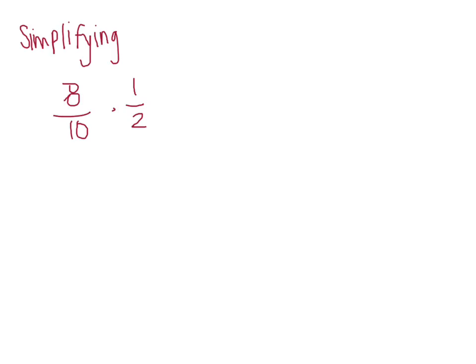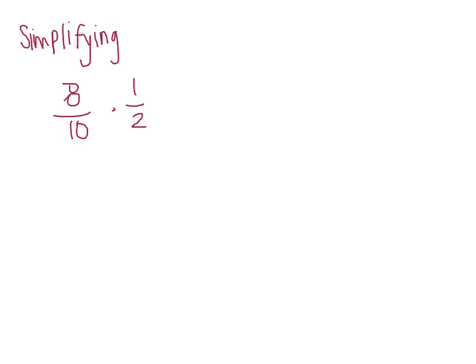Now you can do this by dividing the numerator and denominator by the same multiple or the same factor, or we can do it by cross-canceling. This is where the whole cross-canceling thing is okay. So when I look at this 8 and 2, I recognize that they both have a common factor, and the common factor that they share is 2.